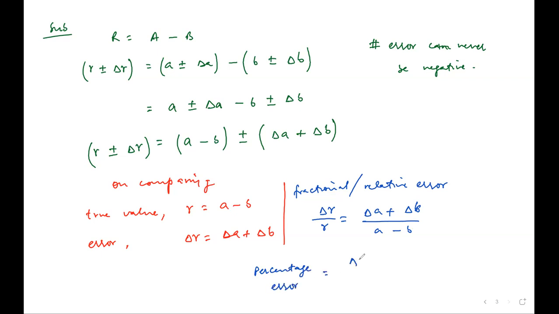So it will be delta R divided by R into 100, which is delta A plus delta B divided by A minus B multiplied by 100.